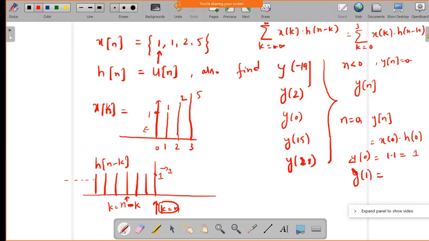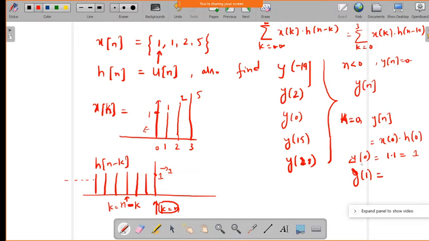When k equal to 0, y of n will be x of 0 into h of 0.